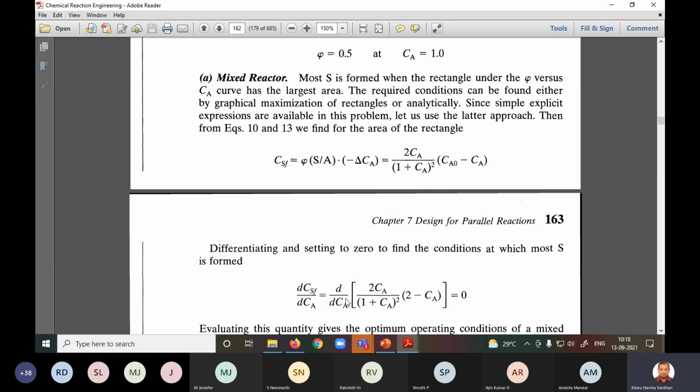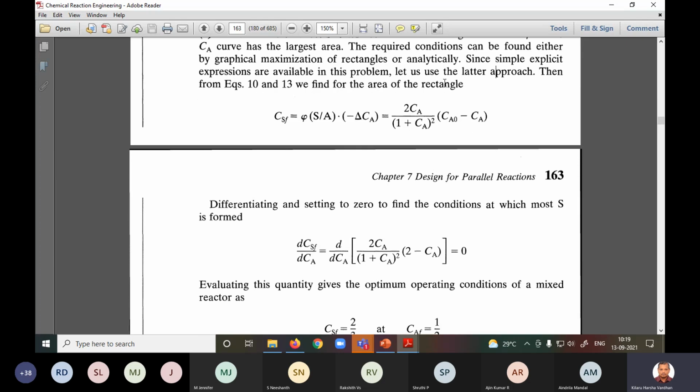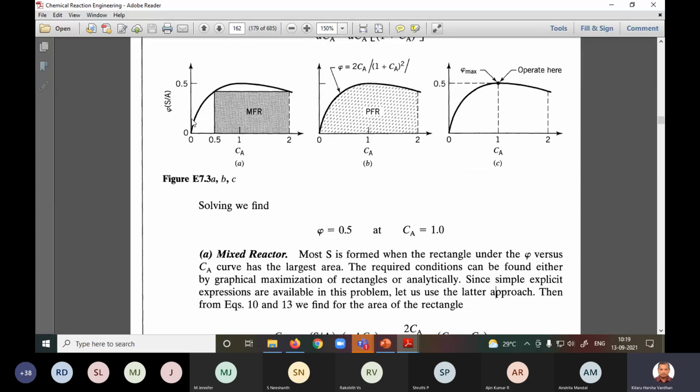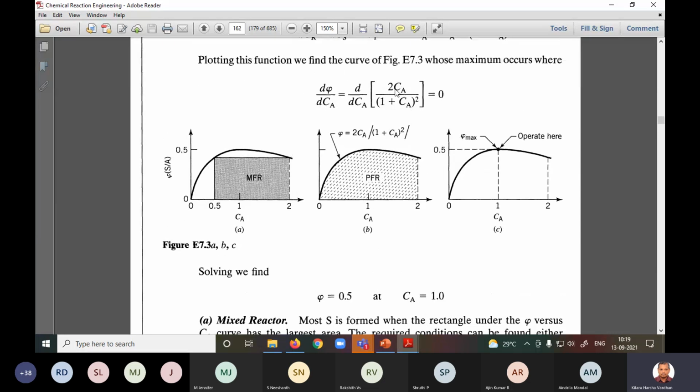Then you can go for differentiation and equating and then calculate the Ca. This is what you can get by the analytical approach. Or you can do a graphical approach. You take some value of Ca, calculate this phi by Sa, draw it, and then try to maximize this rectangle by making the slope of this diagonal equal to the slope of this particular tangent.